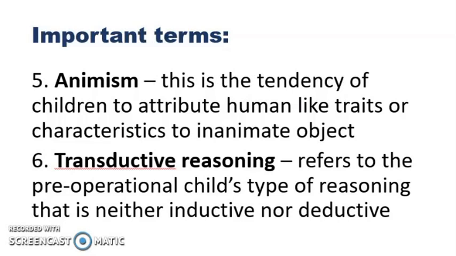I hope you know what is deductive and inductive reasoning based from your senior high school days, no? So let us go back here in transductive reasoning. For example, the child might say, I haven't had my nap. So he asked his mother and father that, since I haven't had my nap yet, it means it's not yet afternoon. Okay.